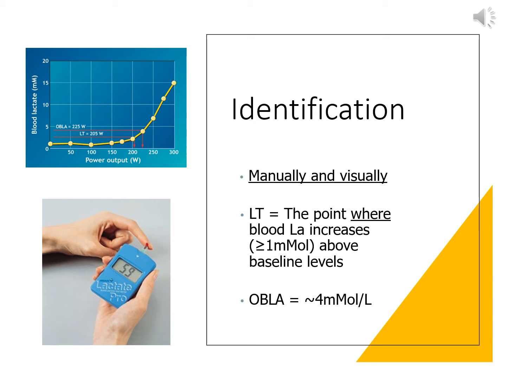As soon as we go over OBLA, that becomes a rapid onset of blood lactate accumulation, and exercise duration at that intensity rapidly decreases, because we see lactate accumulating so quickly that it impairs our ability to continue exercising.